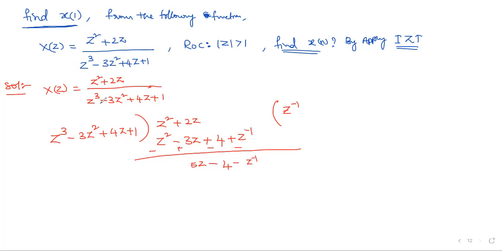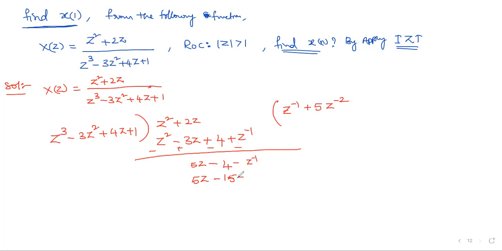Now here z cube is there. You can take 5 into z power minus 2. 5 into z power minus 2 into z cube is 5z. You will get 5z, minus 3 into 5, 15, z square into z power minus 2, 1.